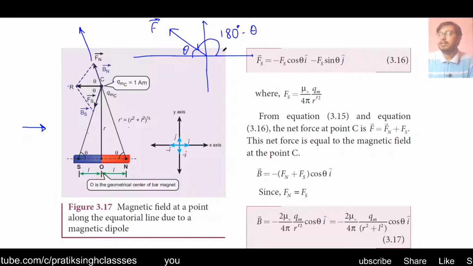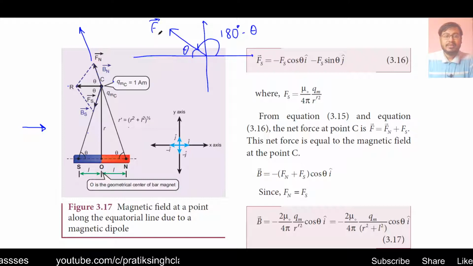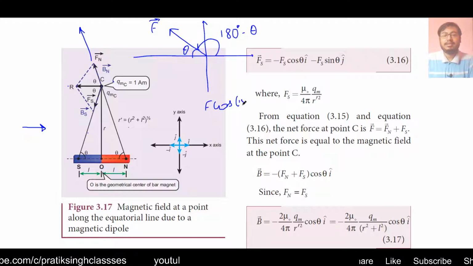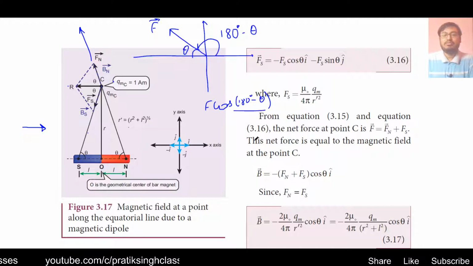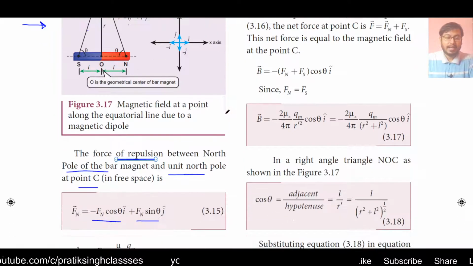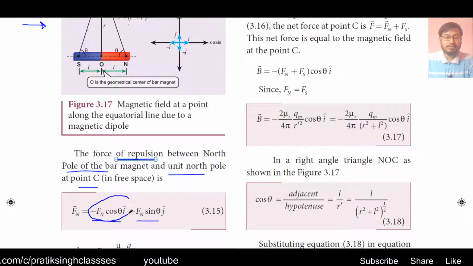Now resolve this force into x component and y component. We know very well that the x component of a vector r is r cos theta, and the y component of vector r is r sin theta. So here its x component will become F cos of 180 degree minus theta, sorry, my handwriting is very bad, that is equal to minus F cos theta, because cos of 180 minus theta is equal to minus cos theta. So it will become minus F cos theta i cap, as given here, minus Fn cos theta i cap.